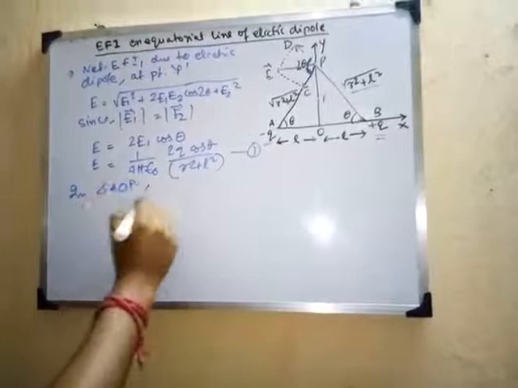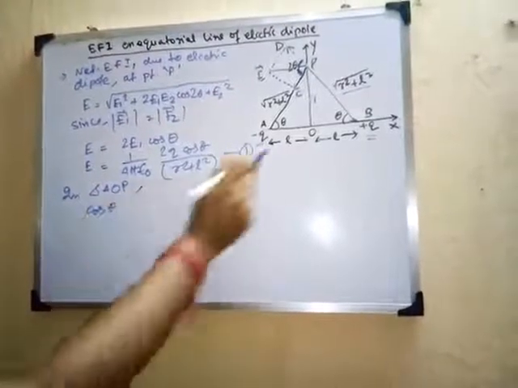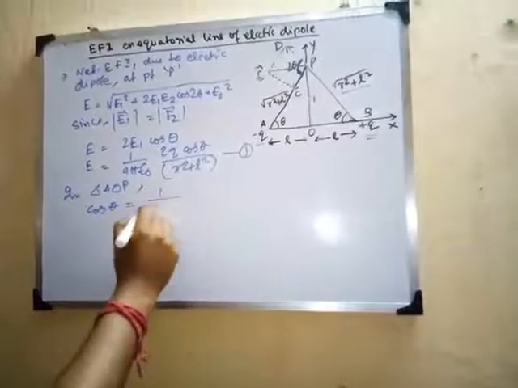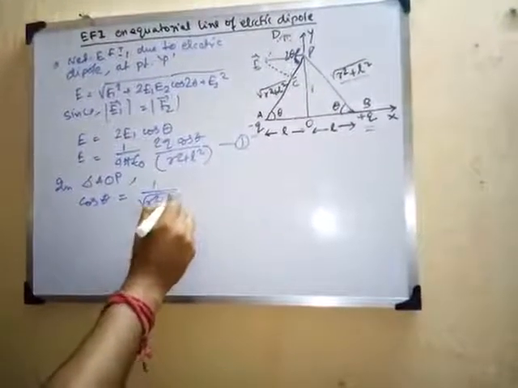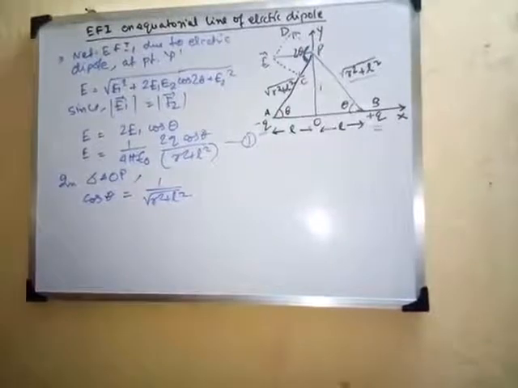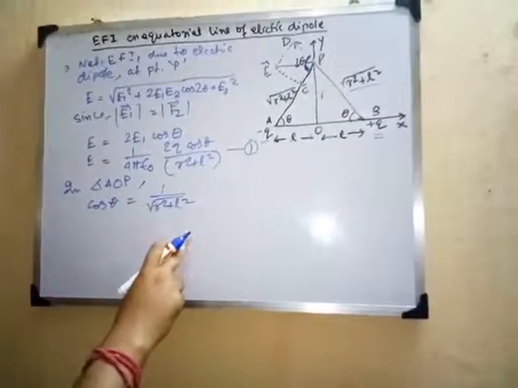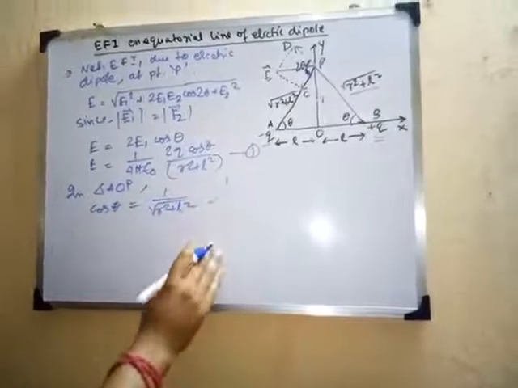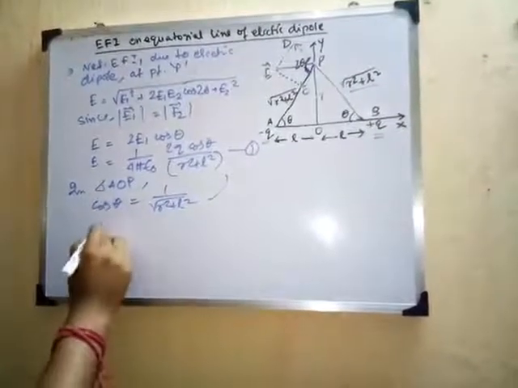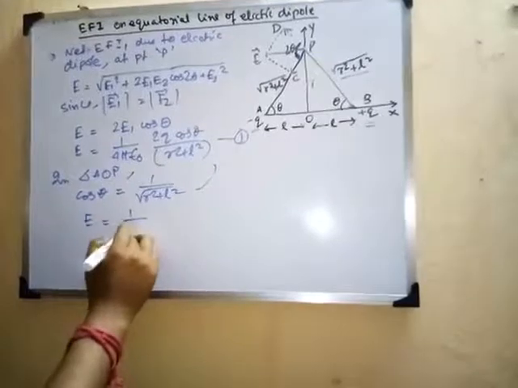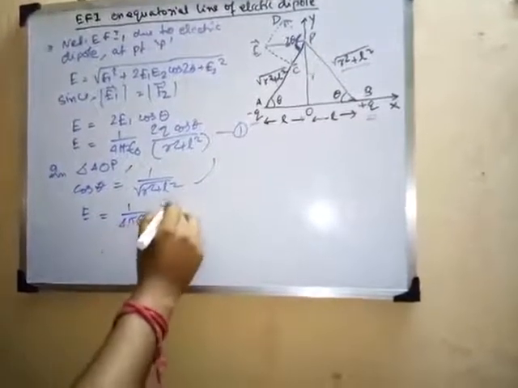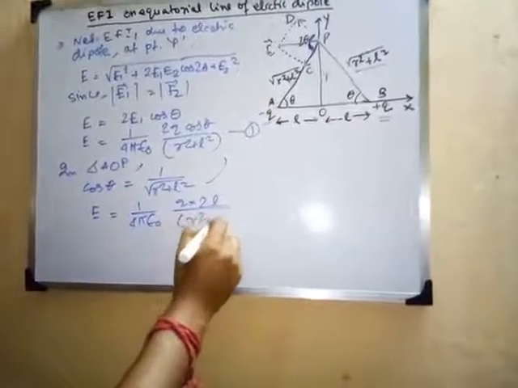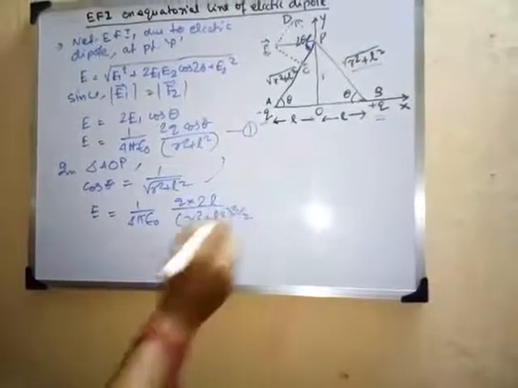We can write cos theta, and this will be equal to 1 by root over R square plus L square, right? Now you put the value of cos theta in equation 1, and you will get E equals 1 by 4 pi epsilon naught q cross 2L by R square plus L square to the power 3 by 2, right?